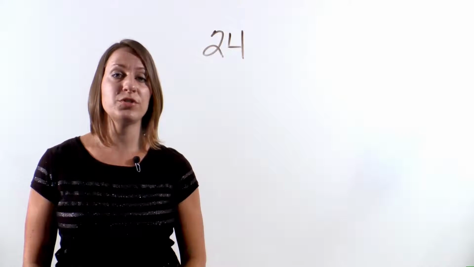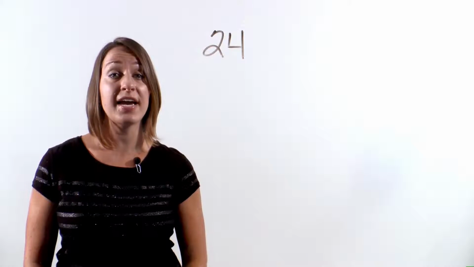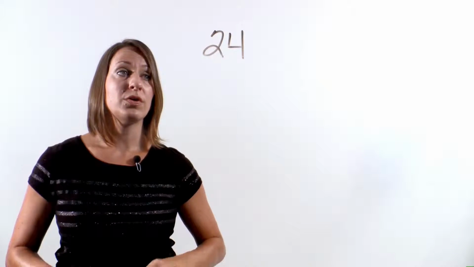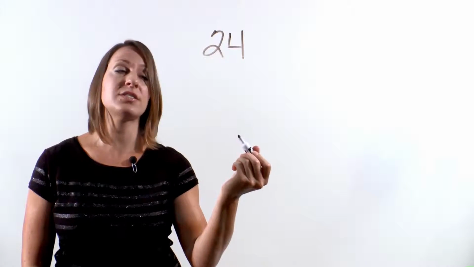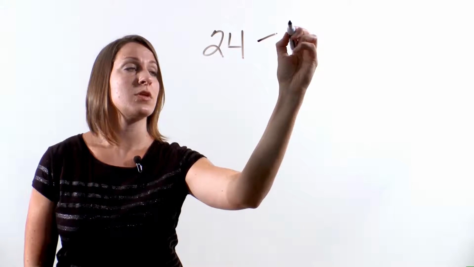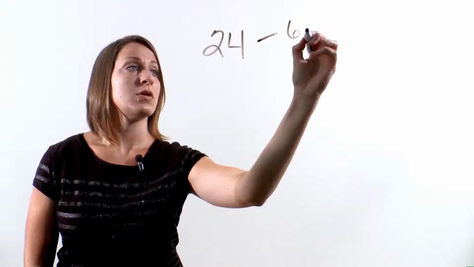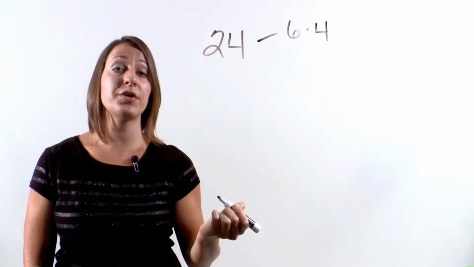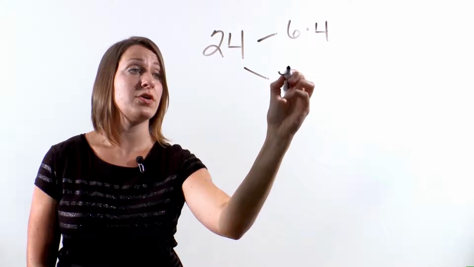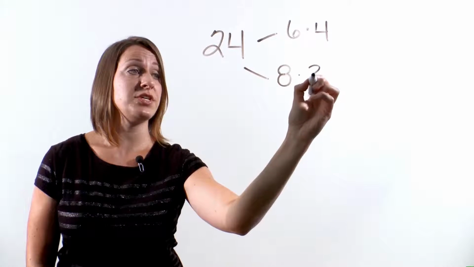If I gave you the number 24 and I asked you to factor 24, we could have a few answers. We could say the factors of 24 are 6 times 4. We could also say the factors of 24 are 8 times 3.